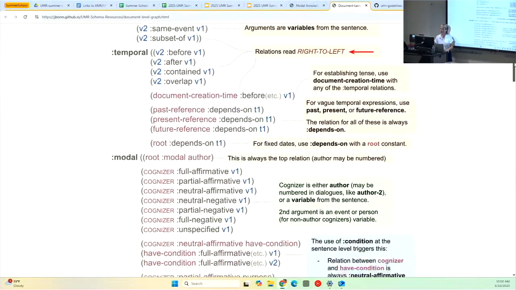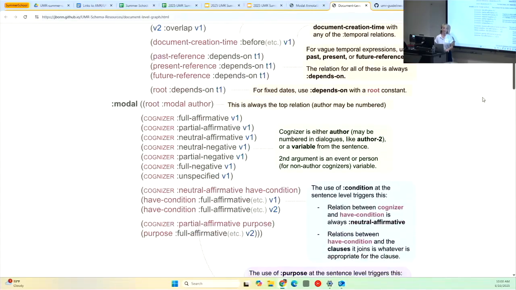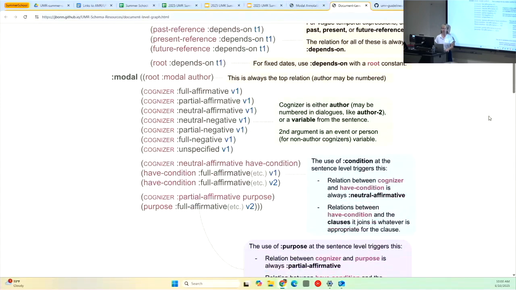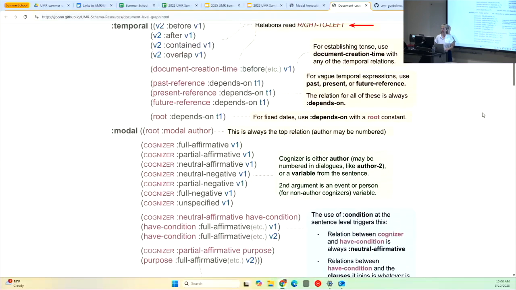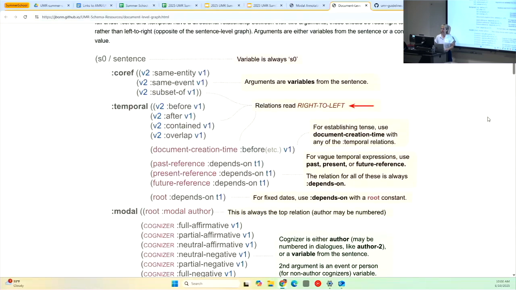So I think the modal strength is the most complicated part of the document level graph, just in terms of the structure. Co-reference is pretty straightforward. The strangest thing about the document level graph is that for co-reference and temporal, you actually read them right to left, which is different from the sentence level graph.